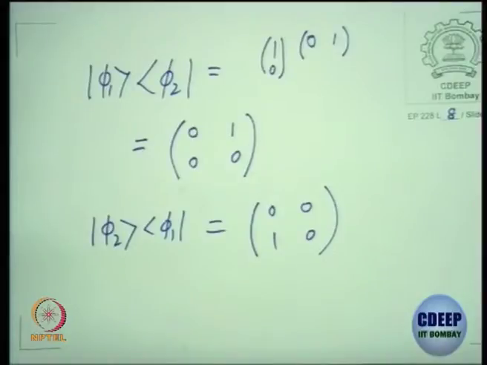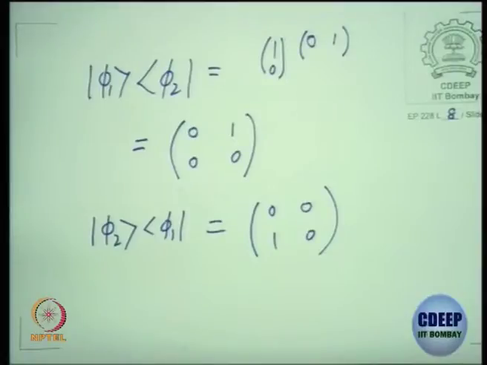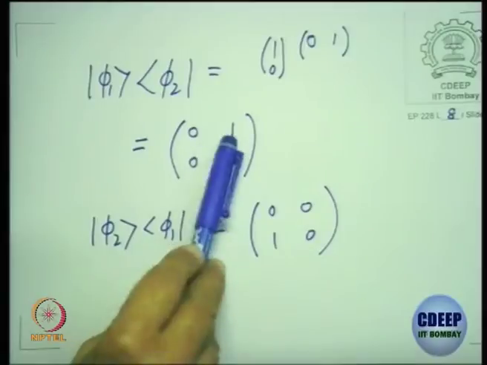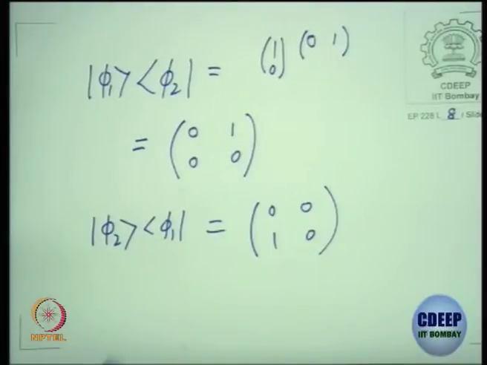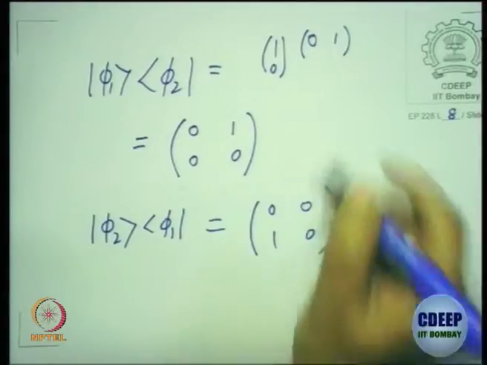So, what have I tried to do? I have tried to show that the 4 possibilities of outer product which I can write for the 2 basis states in the 2-dimensional vector space can be given as 2 cross 2 matrices with only one entry which is non-zero. This appears like the 1-2 element which is non-zero. This appears like the 2-1 element which is non-zero. And the earlier ones were the diagonal elements, 1-1 was non-zero, right?